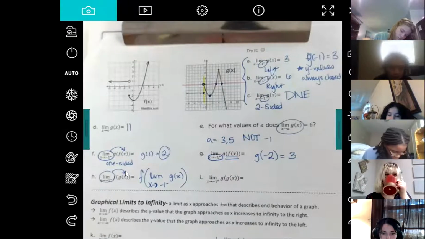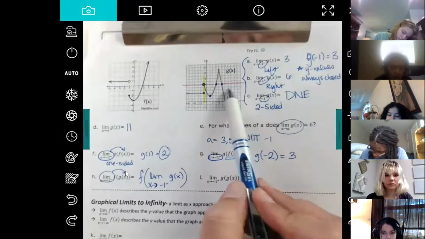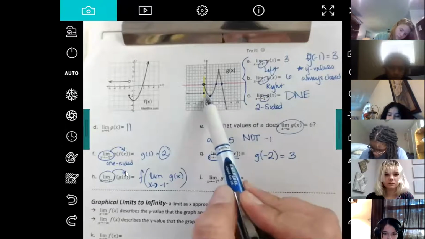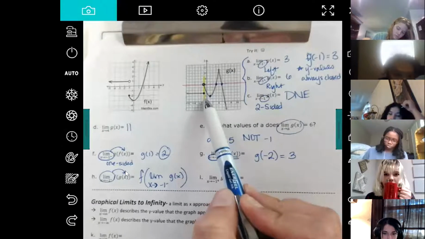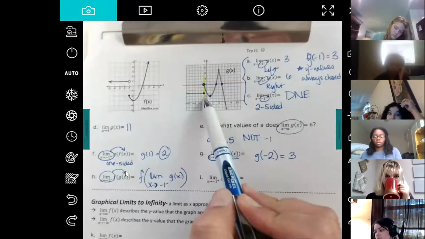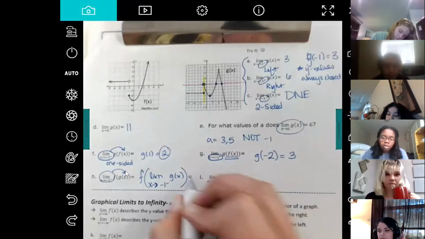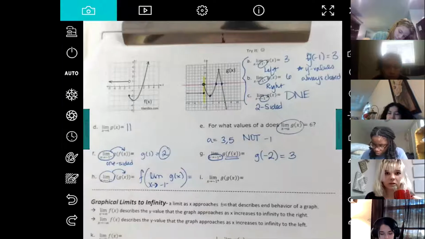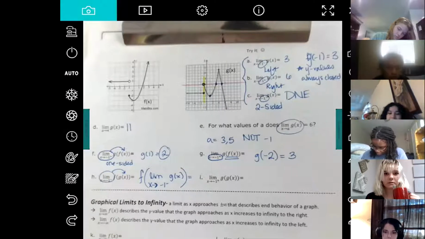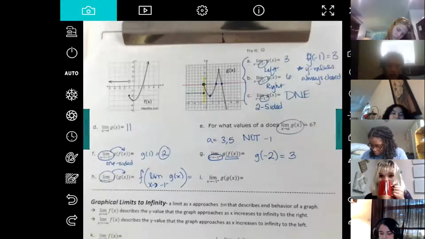I'm on my graph of g here. Okay, from the left-hand side, let's go with Jocelyn. As x approaches -1 from the left, what's my y value here? What's this middle limit here?